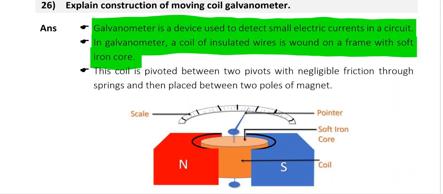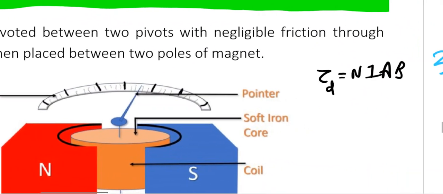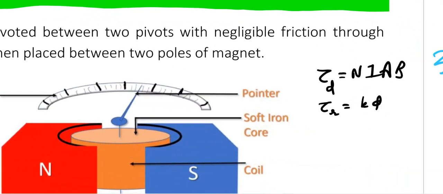So what is the effect of flux? Torque is NIAB. Okay, which torque it is? Deflecting torque. And then the other torque, restoring torque, is K phi.